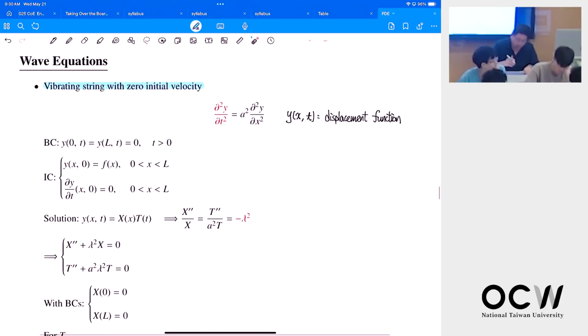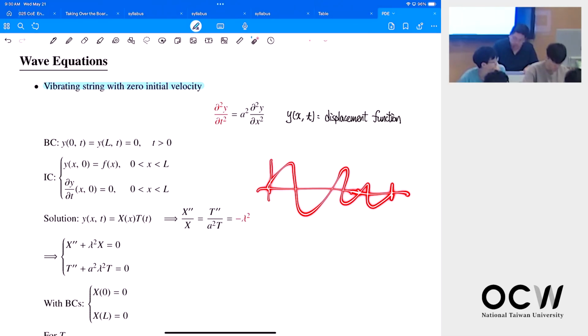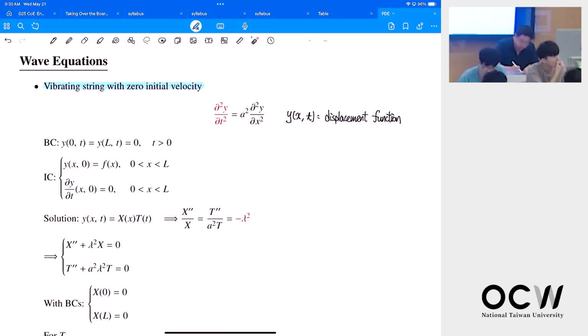We have boundary conditions. At the boundary, it's 0. And then 0 initial velocity, that is for initial conditions. So here, this is 0 initial velocity.